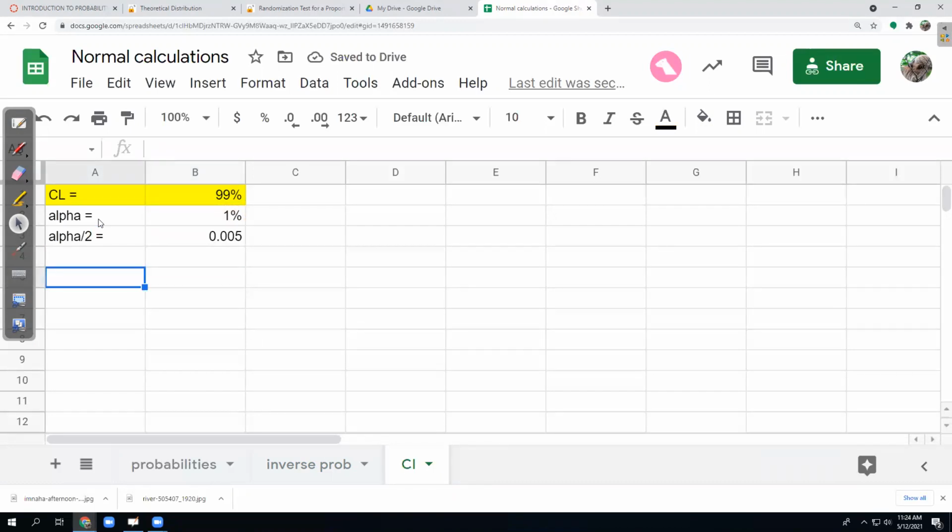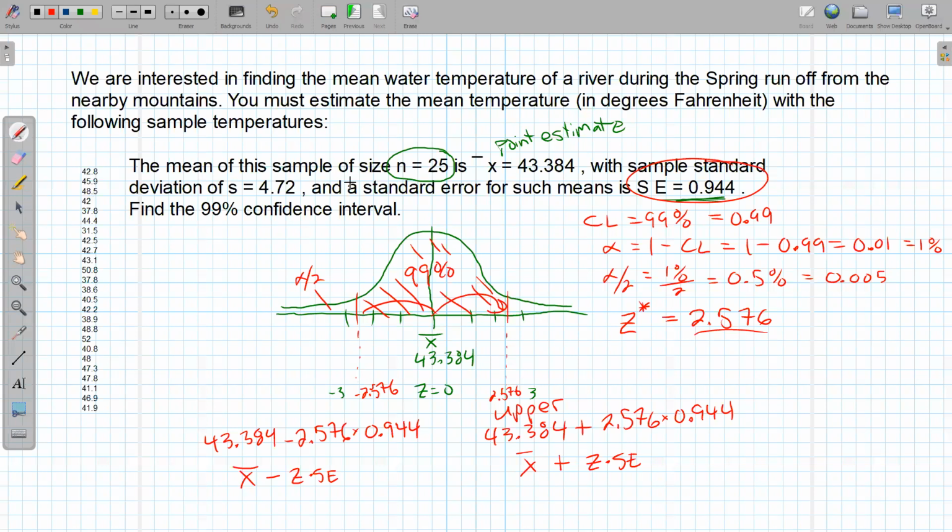Other information I need to make this happen is I need the sample data. So I need the mean from the sample. Now I was given the sample STD, I'll just call that sample S, but what I really, really want is the standard error. That's more important. So my mean was given, I don't need to recalculate it, 43.384.